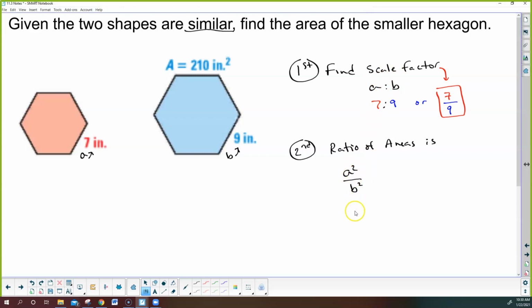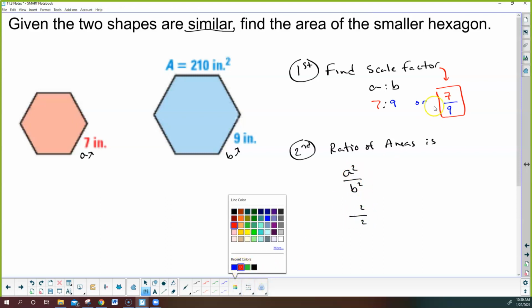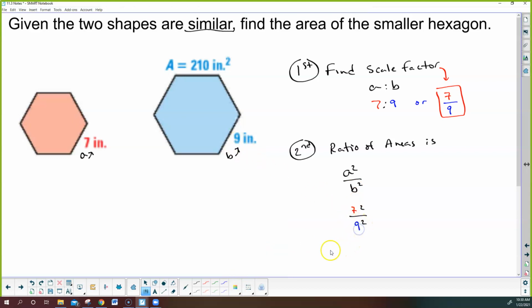So I'm going to plug in the 7, because that's what A is. And then I'm going to plug in the B, which is 9. And this is what the ratio of the areas has to equal.